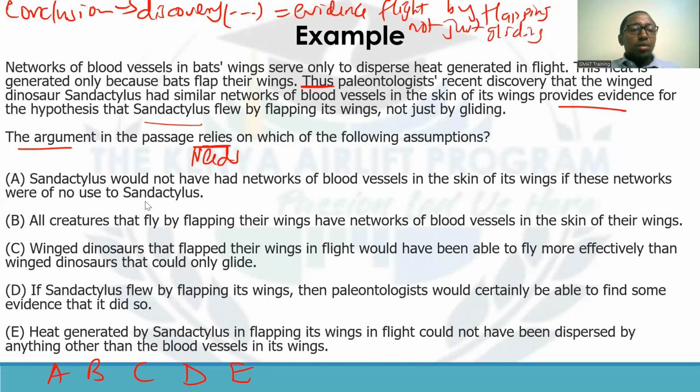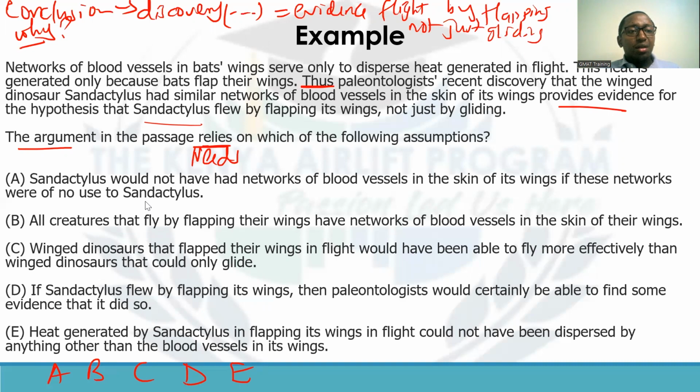So note that the conclusion is not that this dinosaur flew by flapping its wings, not just by gliding. The conclusion is that the discovery of these blood vessels in the skin of its wings is evidence that this dinosaur flew by flapping its wings and not just by gliding. So please take note of that. It's very subtle, but it's important. And then we'll ask ourselves why.